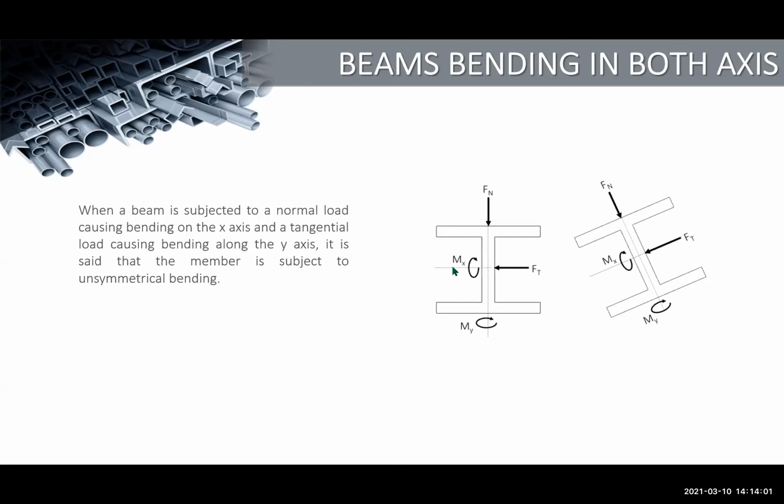Di ba, ito, magkukos ng bending sa y-axis. Ito naman, bending sa x-axis. It is said that the member is subjected to unsymmetrical bending. So, ito yung illustration. So, if meron tayong load both sa normal and tangential, magkukos siya ng unsymmetrical bending dun sa beam or sa structure.